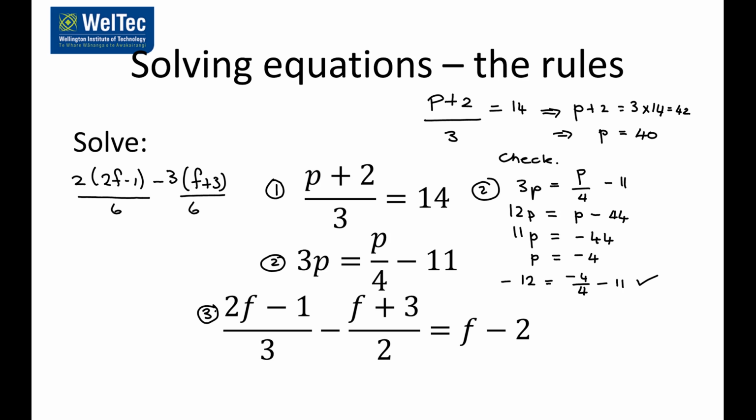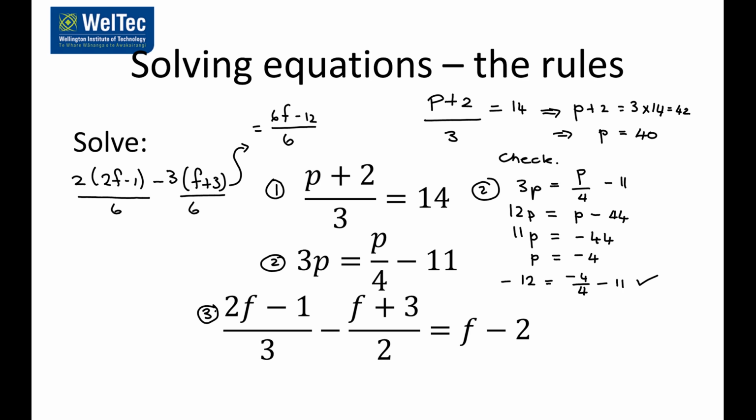And the right-hand side we would also need to put over a common denominator of 6, so there it's over a common denominator of 1, if you like. So we need to make that equal to (6f minus 12) over 6. And at that stage we're ready to go.